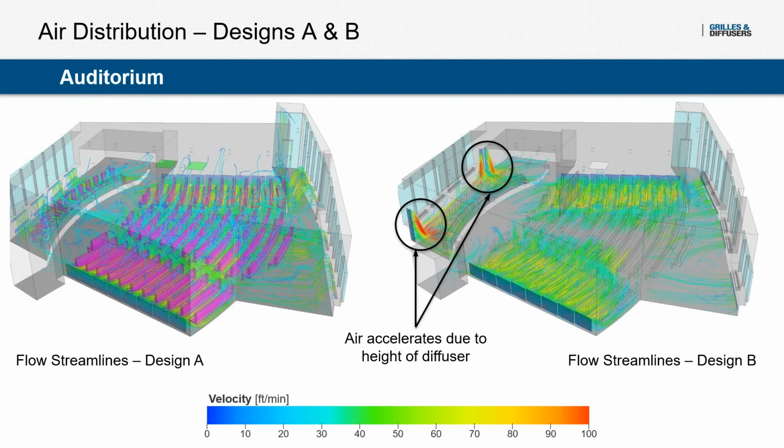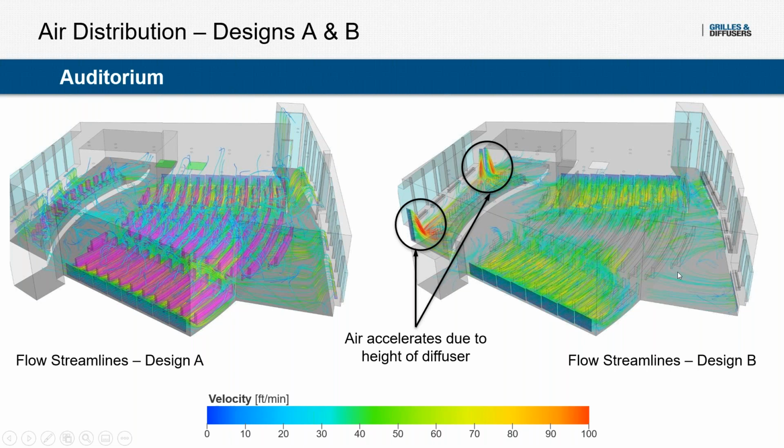So now if we want to look at them in a little bit more detail, here I'm showing you streamlines, basically tracking the path of the air. Now these are going to show some differences in the designs. The first thing I want to point out is the need for having supply in the back.